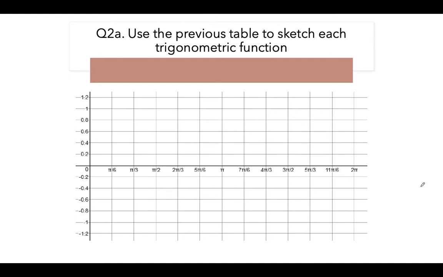table to sketch the trigonometric function. So the first one, which is part A, is the sine function, y is equal to sine x. So you can go back to your chart and you will notice that at 0, it's 0. And at pi over 6, my output was 0.5, 1 over 2.